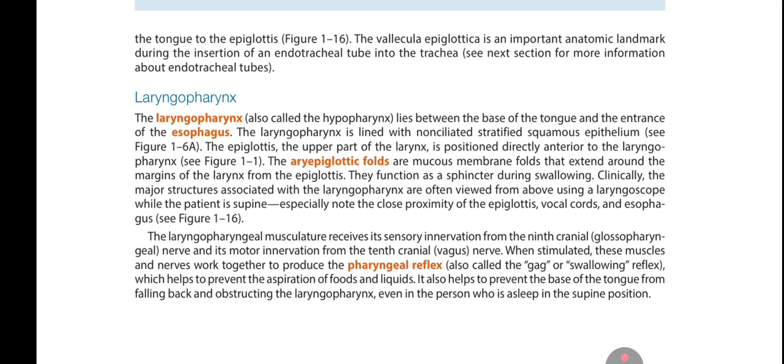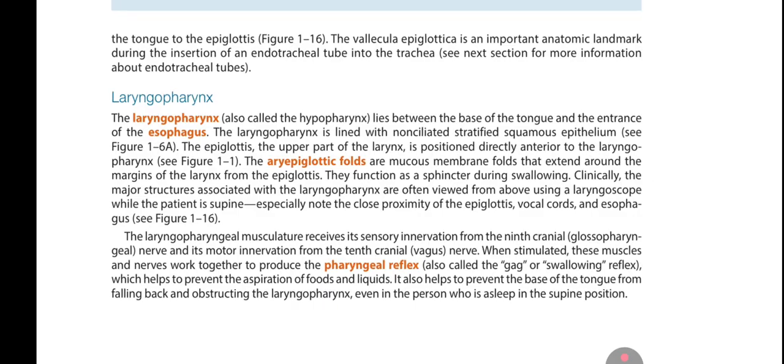Then we also have the paired cartilages, which are the arytenoid, corniculate, and cuneiform. We also have here the pharyngeal reflex, which is the gag or swallow reflex. It has sensory innervation of the 9th cranial nerve and motor innervation of the 10th cranial nerve.